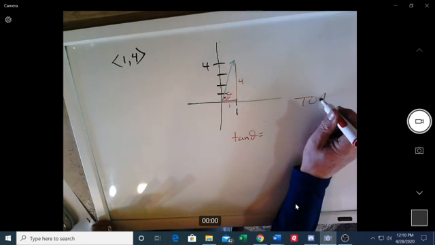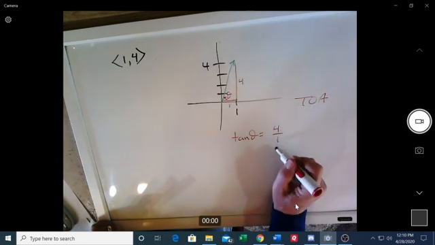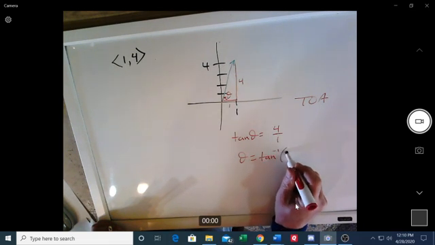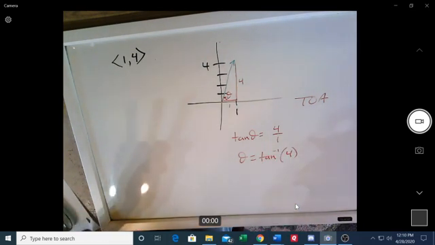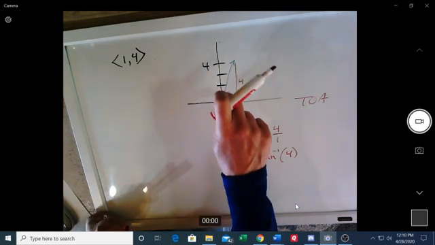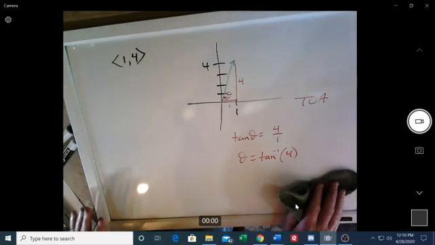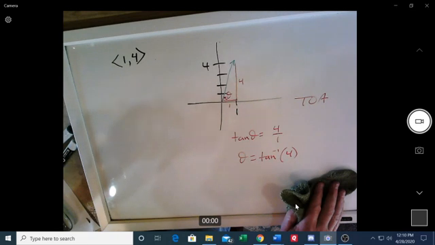SOHCAHTOA, opposite over adjacent, 4 over 1, so theta will be the inverse tangent of 4. And so we can get those other parts really quick and easy and go back and forth from one notation to the other.